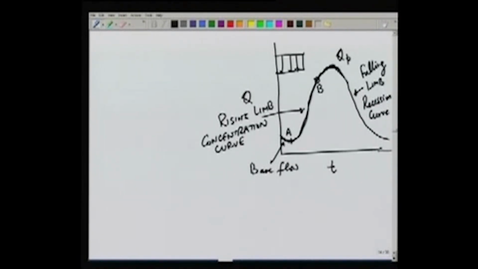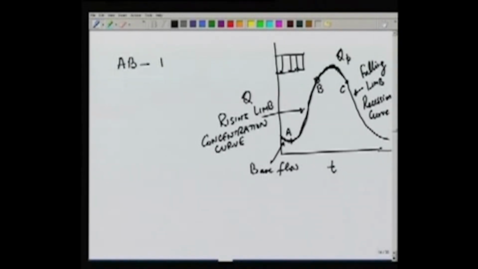There will be another point of inflection here, where before that the curve is convex upwards and after that it is concave upwards. The portion from B to C encloses the peak, so this BC is typically called the crest segment.